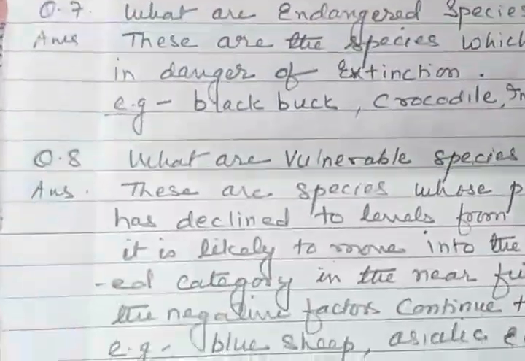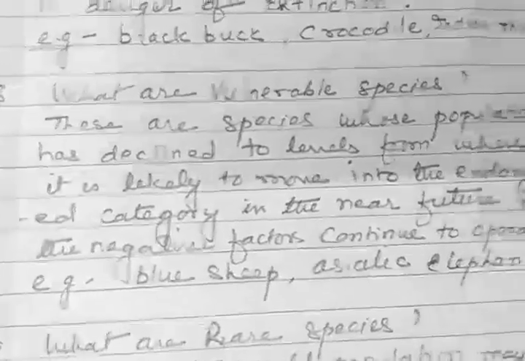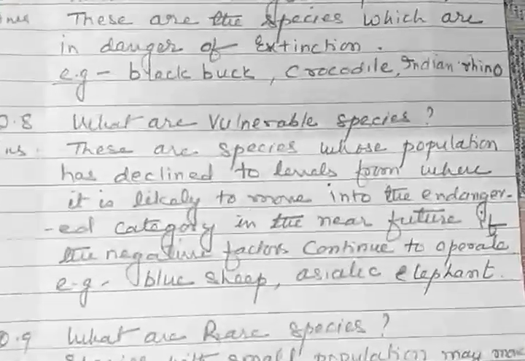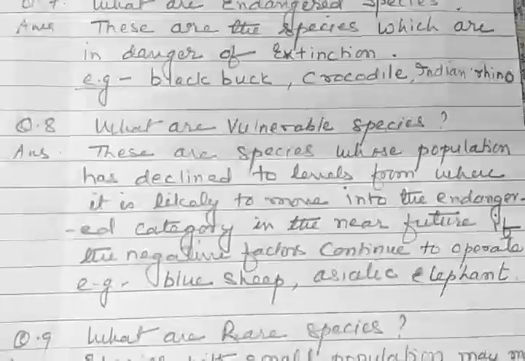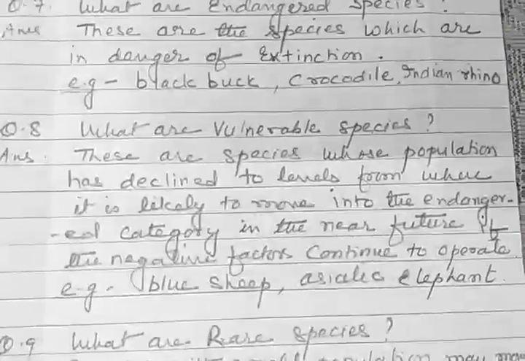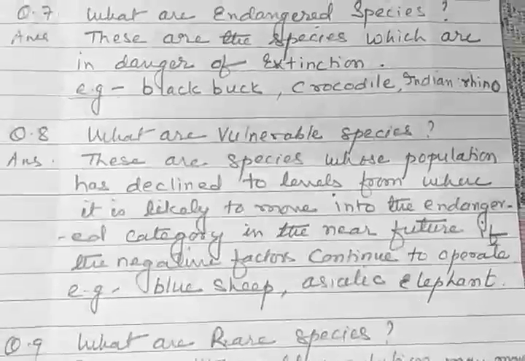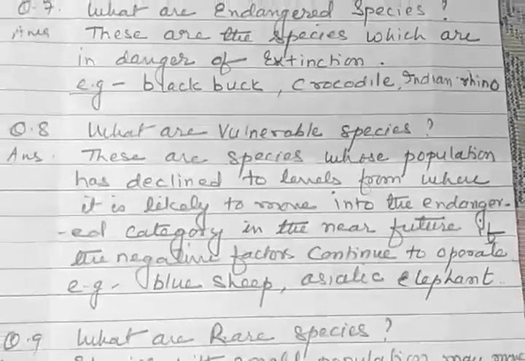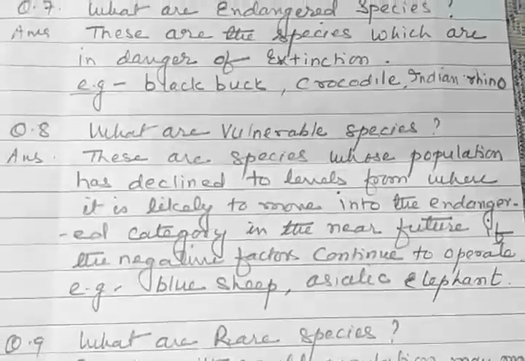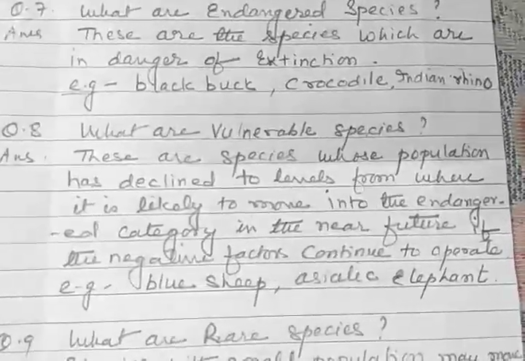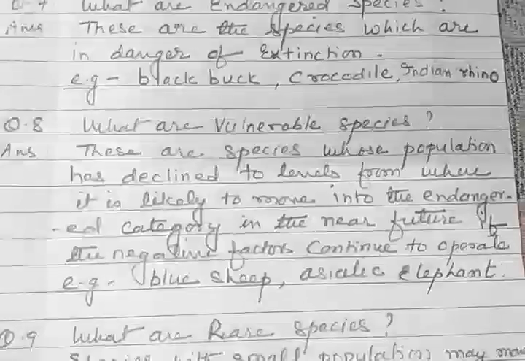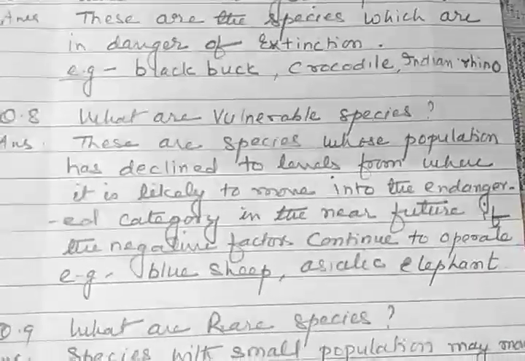Next we have got question 8. What are vulnerable species? These are the species whose population has declined to a level where it is likely to move into the endangered category in the near future if the negative factors continue to operate.